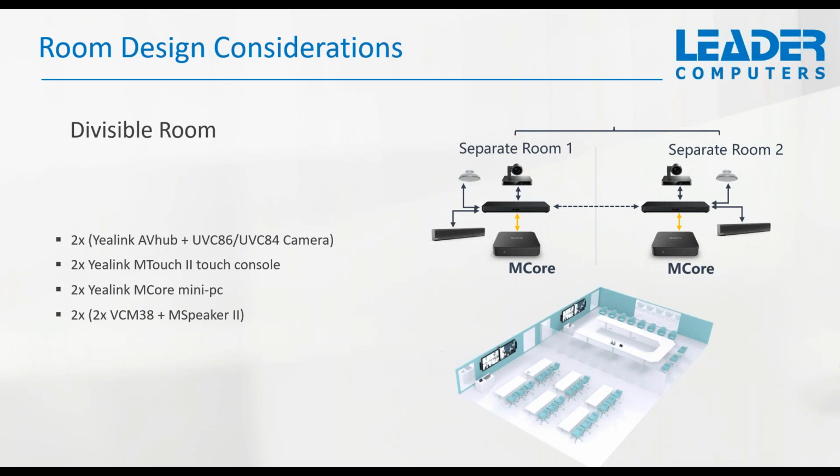So for example, we have one room with a single camera, two ceiling mics, and two speakers. We have a second room next to it with exactly the same kit: a single camera, two ceiling mics and two speakers.